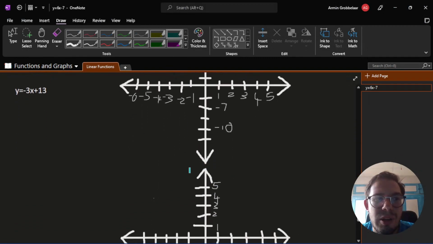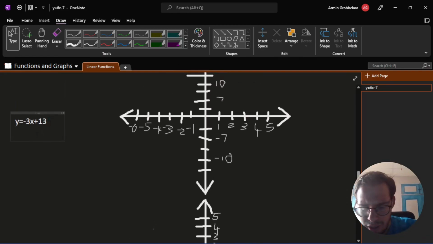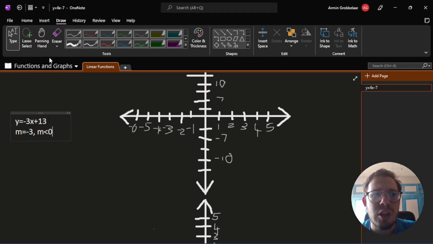So the second one, we have the same. We have to find 3 points to draw the graph. So here you can see that m is equal to minus 3, m is less than 0. So we know that our function is going to have a negative gradient.